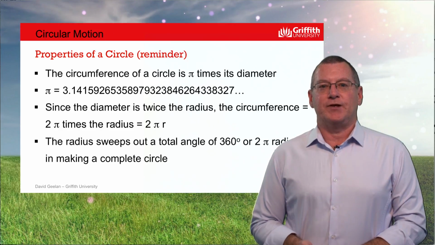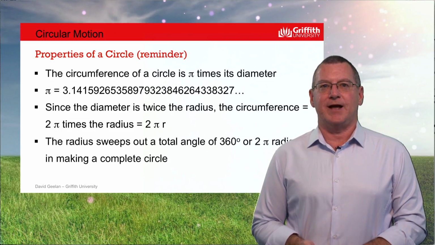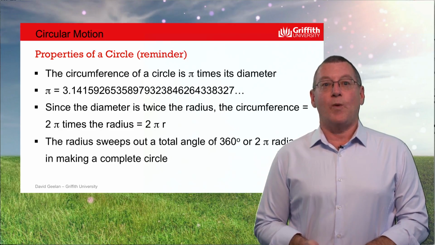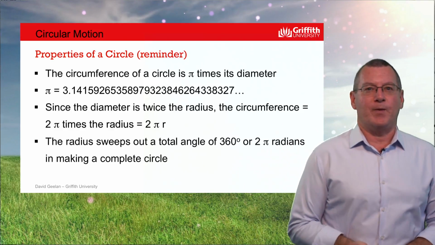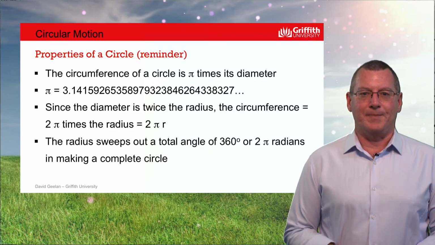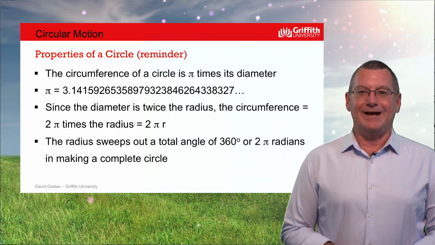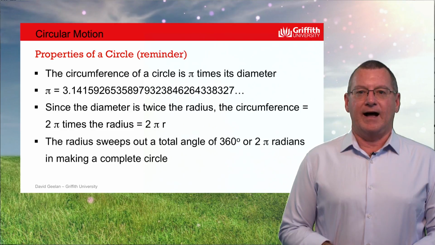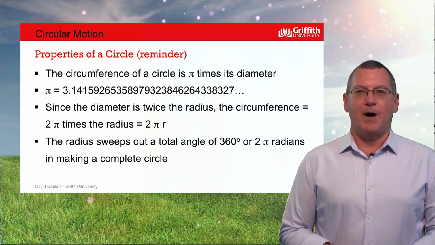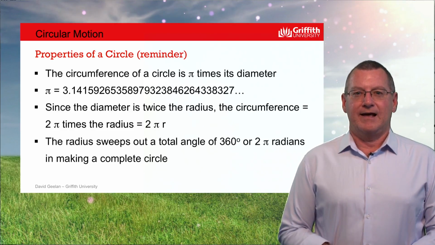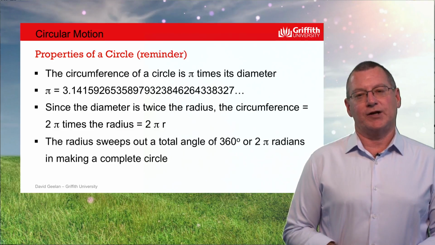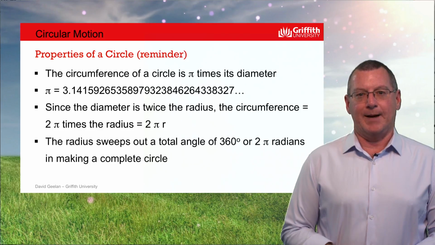So just a reminder of what we know about circles. The circumference is pi times the diameter. That's way too many digits of pi. 3.14159 is plenty for most normal purposes. There's been some really interesting stuff recently where 15 digits of pi is enough to calculate the circumference of a circle as big as our solar system to within a couple of inches.